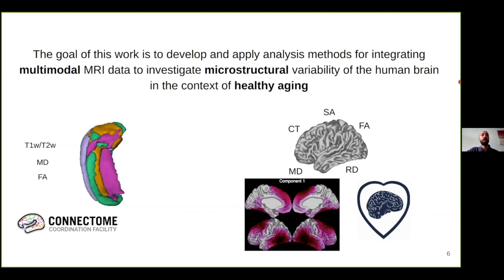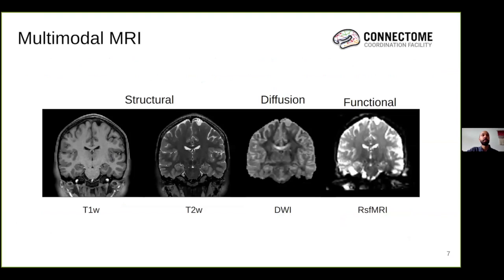So you could swap out microstructural for another type of information, most notably MR information, but if it's functional or something else. And you could also swap out healthy aging for another population of interest. And I still think there are some general themes in terms of analysis that might be interesting for you in this presentation. So I'll start with an overview of multimodal MRI and why it's useful, why it's important.